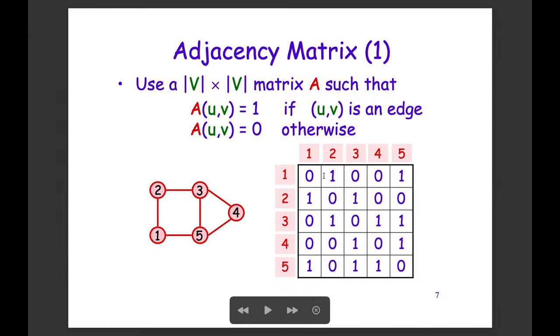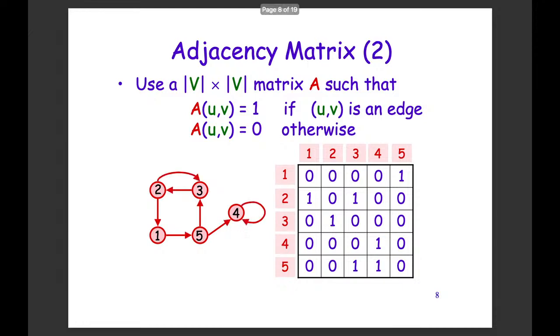All the remaining entries in this row are 0 because 1 is not a neighbor of 1, 1 is not a neighbor of 3, and 1 is not a neighbor of 4. So this is a very easy to understand representation. So this is for this graph. We can check carefully one by one, and then it corresponds to something on the left-hand side.